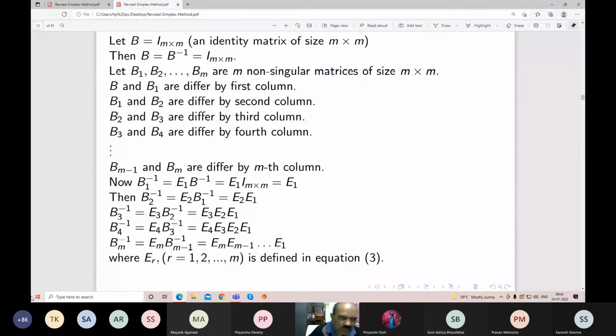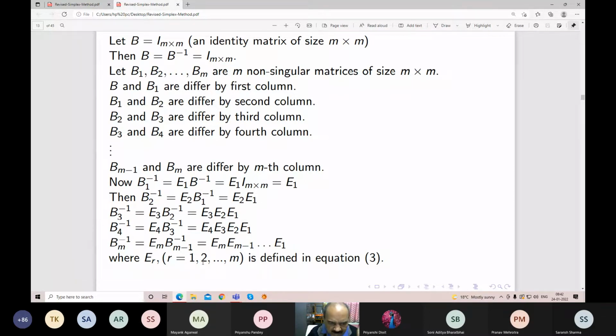For example, in E1, the first column is different, that we are replacing with eta vector. In E2, the second column is different, we are replacing with a new eta vector. These eta vectors are different, depending on the problem. Then in E3, the third column is different, the rest is identity matrix, and so on. So we are finding E1, E2 up to Em.